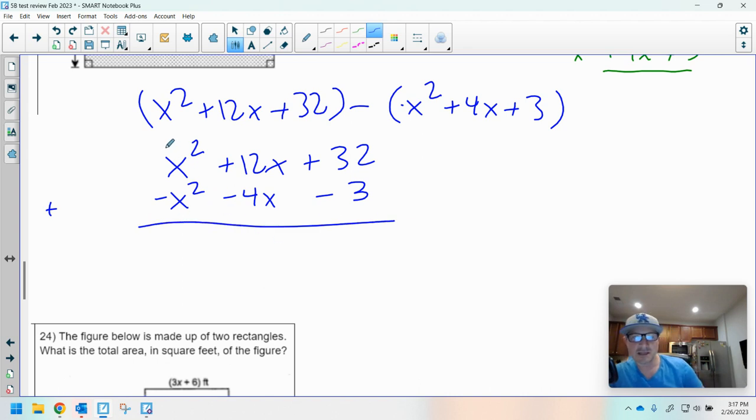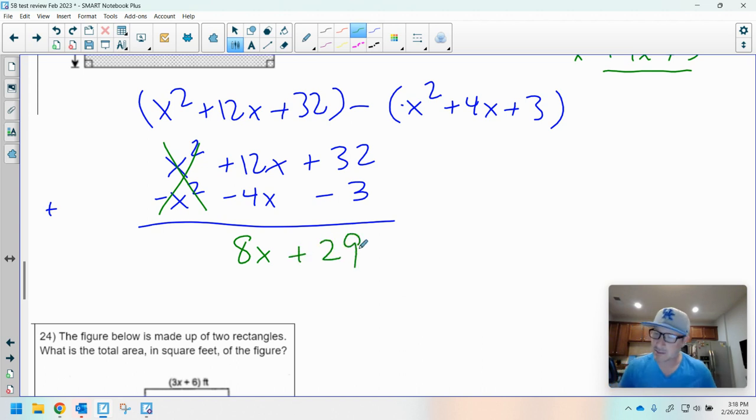Our answer: these x squareds are gone. They cross out. 12 minus 4 gives us 8x. Negative 32 minus 3 gives us a plus 29. Let me make sure I got that right because I did this before. This was number 23, 8x plus 29. That's what I got before, just to double check.